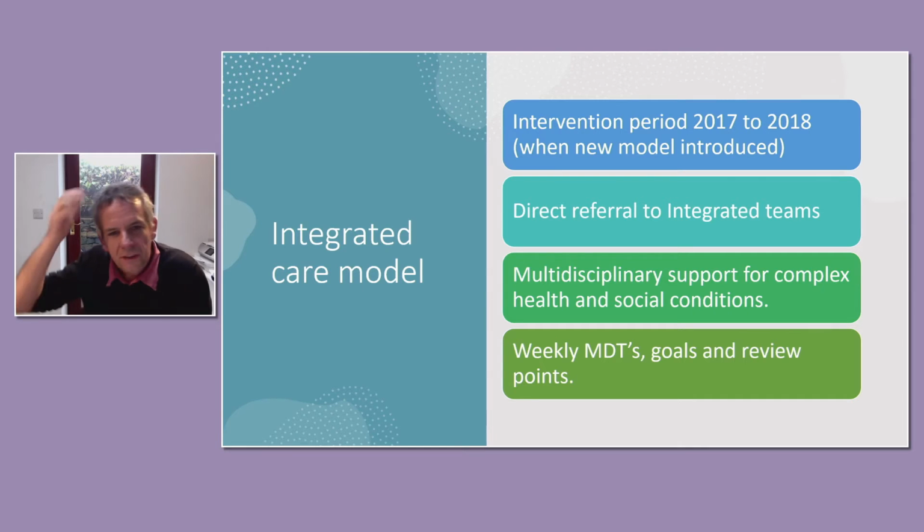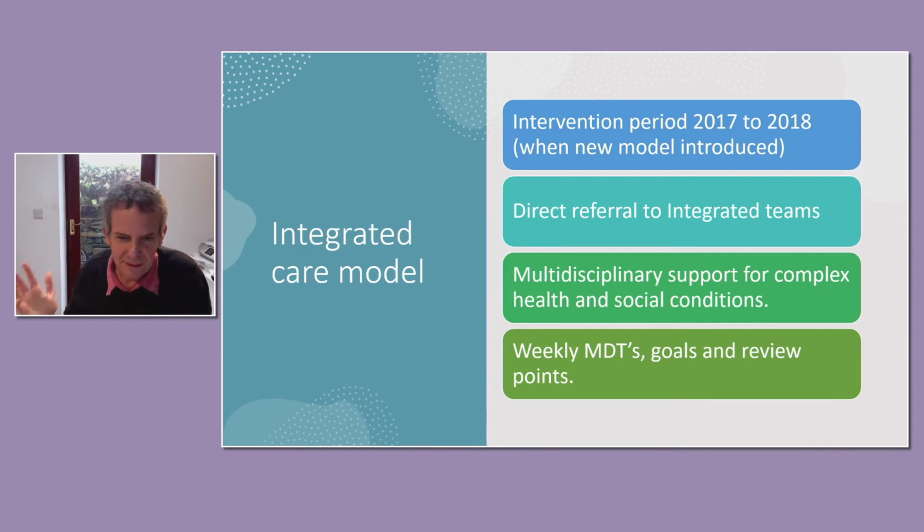So the first intervention that we looked at was a model of integrated care. This is very similar to models of integrated care that have been introduced in lots of places across the country, and there have been quite a few studies looking at the effect of such interventions.